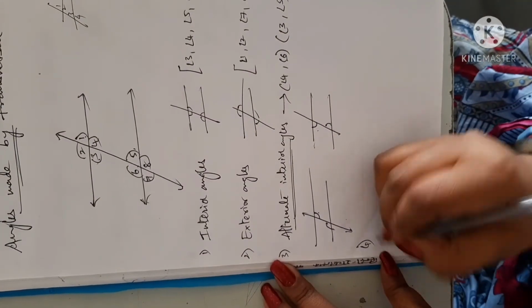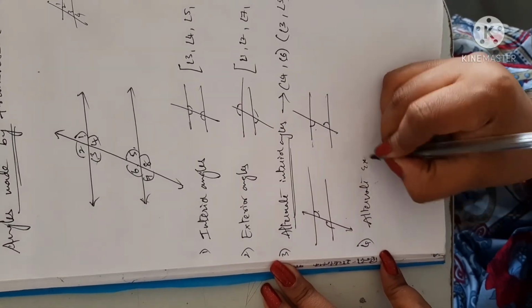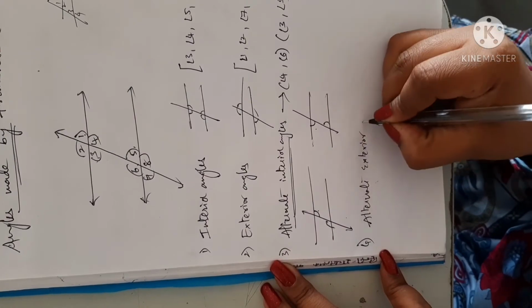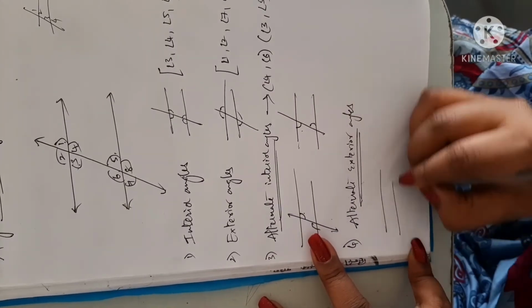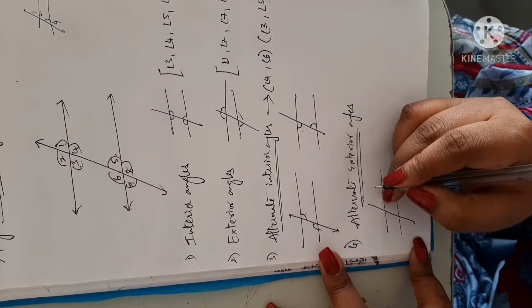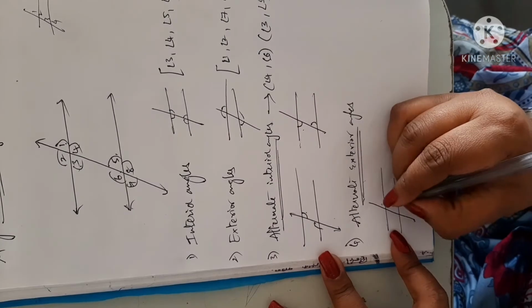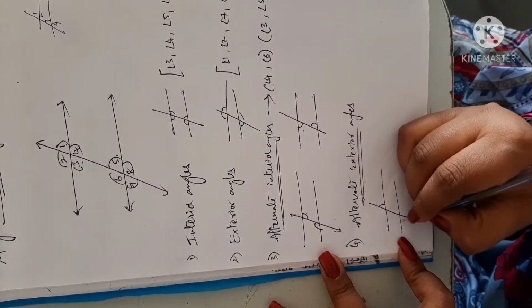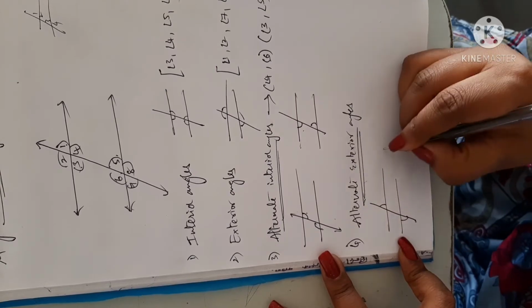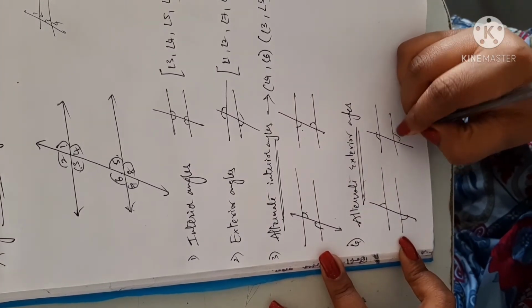Now who are alternate exterior angles? They are also on either side of a transversal. Here alternate exterior angles are angle 1 and angle 7, and angle 2 and angle 8.